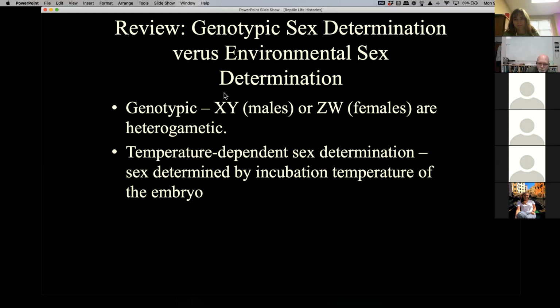Humans have males being the heterogametic sex, meaning that they have two different chromosomes to make them males. However, in birds, for example, ZW are the chromosomes and the females are the heterogametic sex. So it varies taxonomically as to which sex is heterogametic. Temperature-dependent sex determination, on the other hand, is where sex is determined or influenced by the incubation temperature of the embryo.